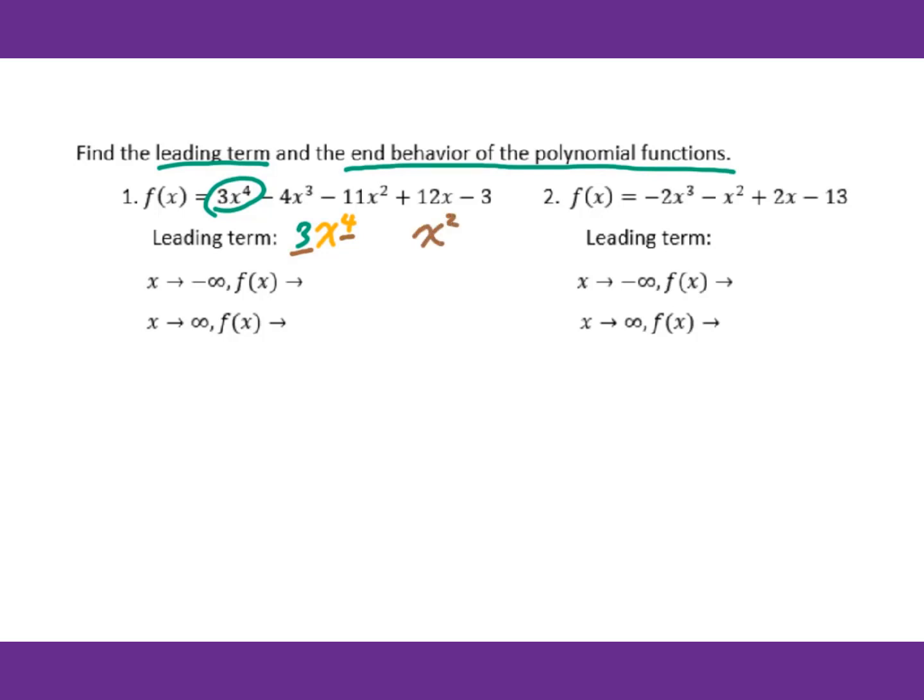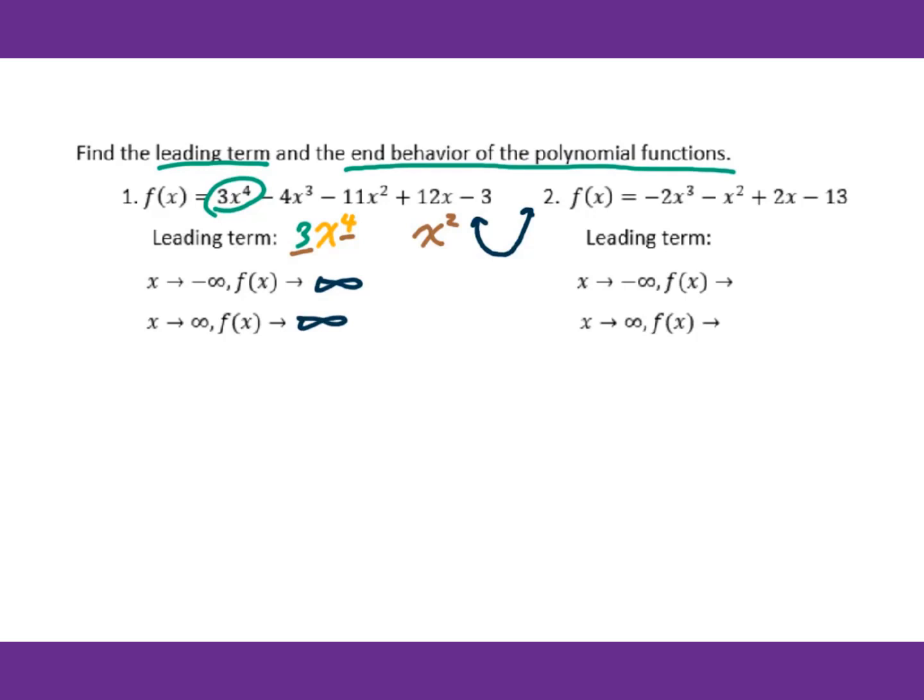So the graph will be like this. Therefore, we can figure out the end behavior. When x goes to negative infinity, f of x goes to positive infinity. When x goes to positive infinity, f of x still goes to positive infinity.